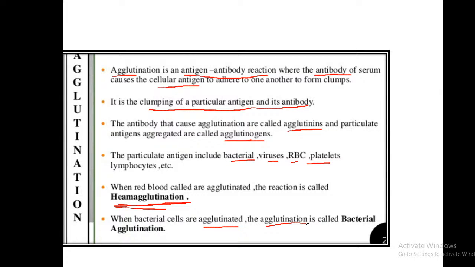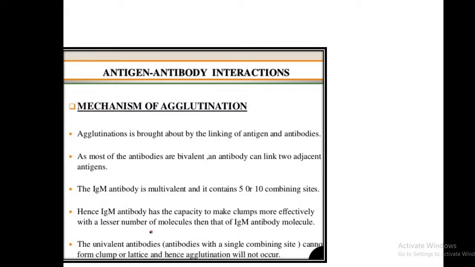Agglutination will lead to the death of that microbe or the foreign substance or the excess substance. The antibody അല്ലെങ്കിൽ ബാക്ടീരിയ ഇൻവോൾവ് ചെയ്യുകയാണെങ്കിൽ അതിനെ ബാക്ടീരിയൽ അഗ്ലൂട്ടിനേഷൻ എന്ന് പറയും. The antibody which is mainly involved in this agglutination reaction is IgM.